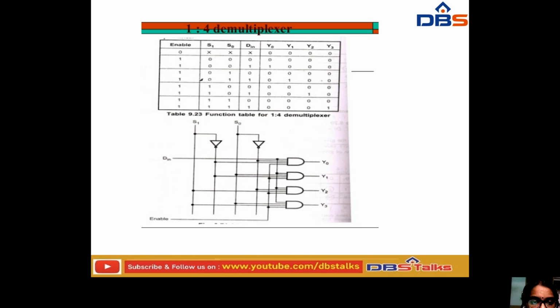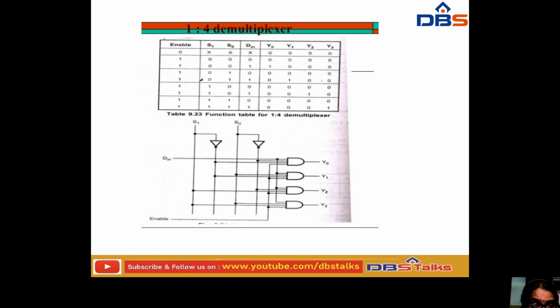Now, for the demultiplexer: if S1 S0 is 0 0 and the demultiplexer input value is 0, then at y0 the value will become 0. If it is 0 0 and the demultiplexer input value is 1, at y0, the 0th position, the value will become 1. It is in the enable mode, not in the disable mode.